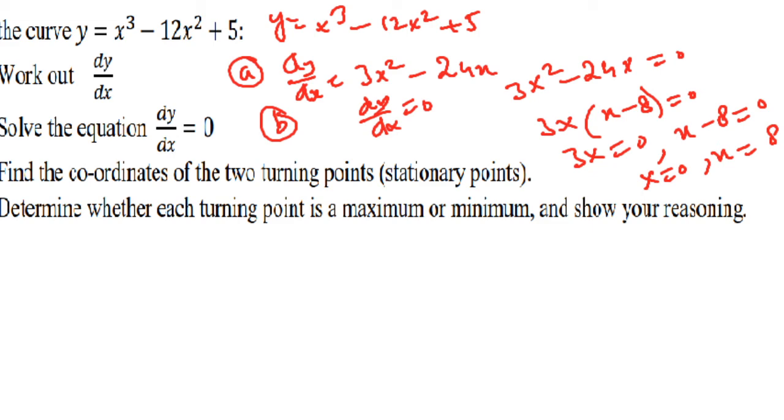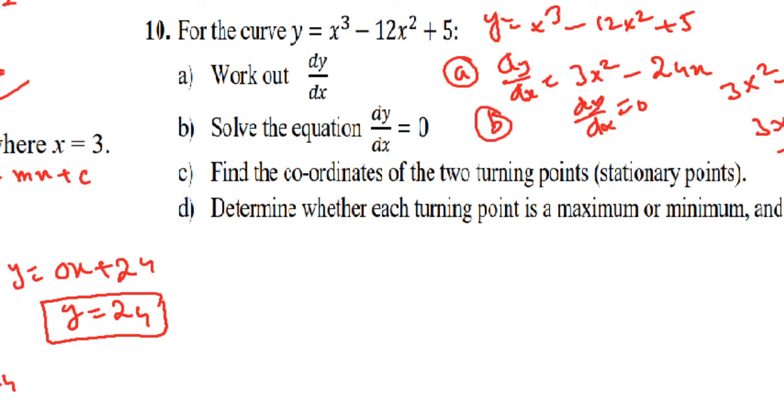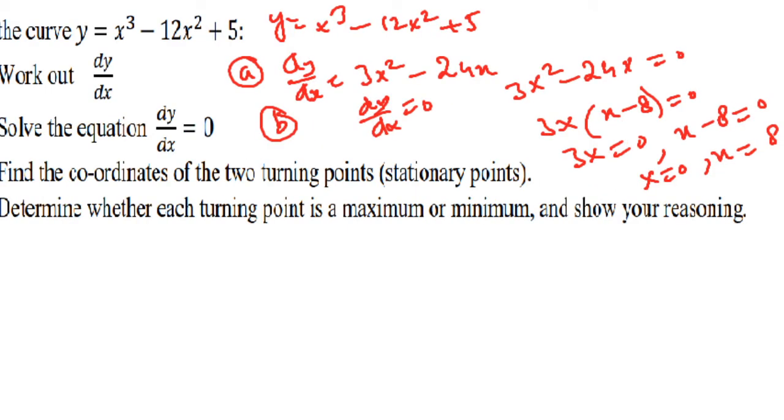Then in part C, part B we did. In part C, they say find the coordinates of the turning point, the stationary point. I have told you students that basically this is also a stationary point and this is also a stationary point.